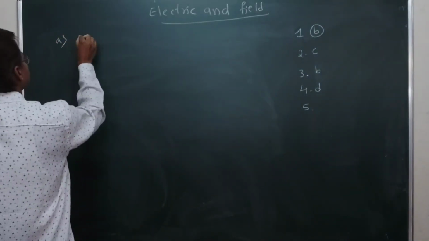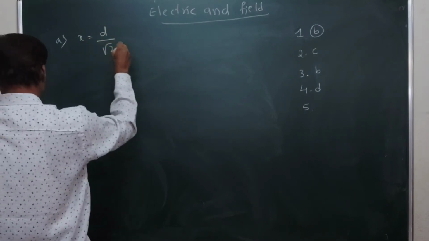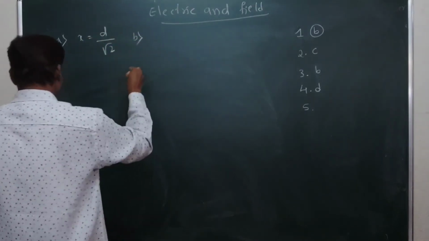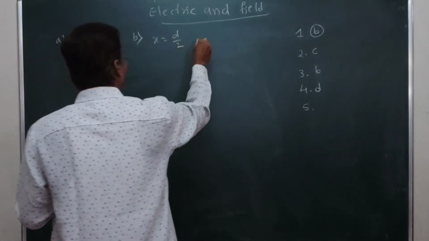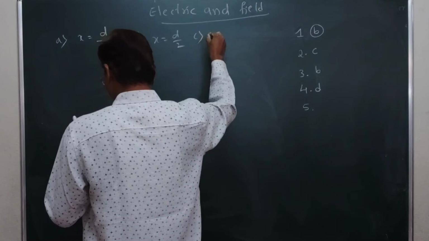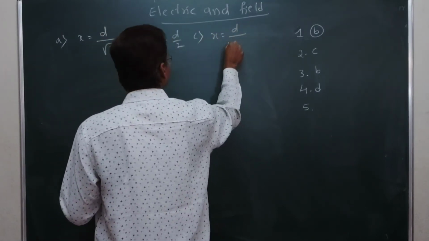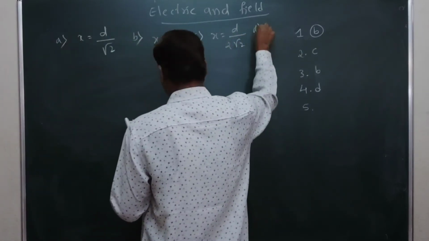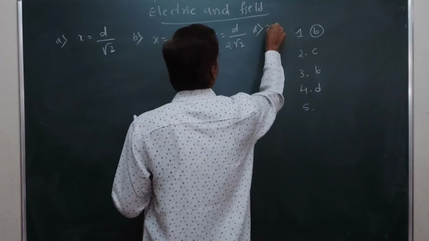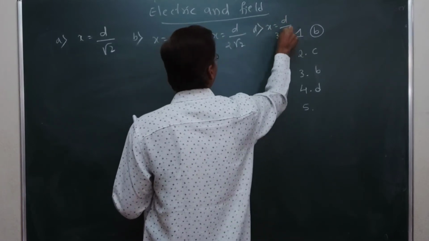A: x equal to d divided by root 2. B: x equal to d by 2. C: x equal to d divided by 2 root 2. And D: x equal to d divided by 3 root 2.